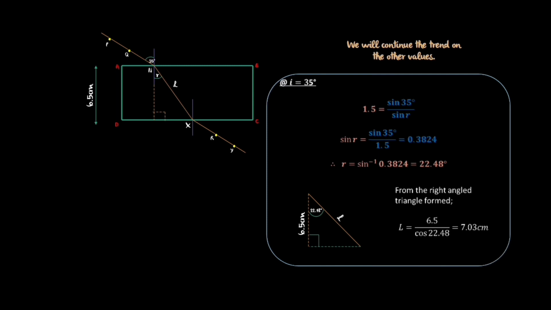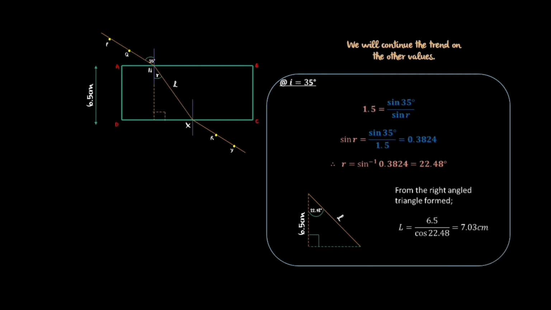1.5, which is the refractive index of the glass block, is equal to sine 35 all over sine R, which is the angle of refraction. Simplifying everything, we find out that the angle of refraction R is now 22.48 degrees.